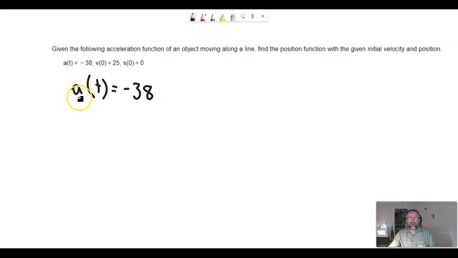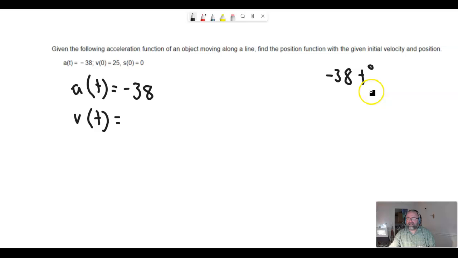So starting here, if we just take the antiderivative of this, the velocity function is going to equal, so the antiderivative of negative 38 would just be negative 38t. Kind of do that off to the side here, but think of negative 38 t to the 0, right? That's just another way of writing negative 38.